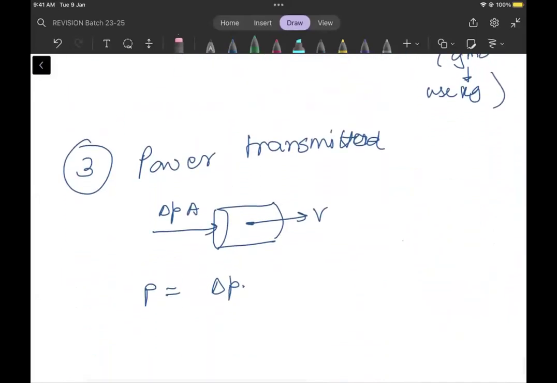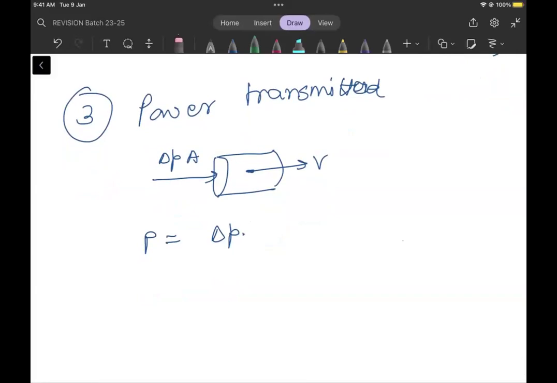तो यहाँ पे कुछ तो डेल्टा P है, essentially PATM plus delta P into A है, लेकिन दूसरी तरफ से भी PATM into A आएगा. I don't want to worry about atmospheric pressure. I'm only interested in the power which is being transmitted by the wave, which is because of the excess pressure that has been generated.